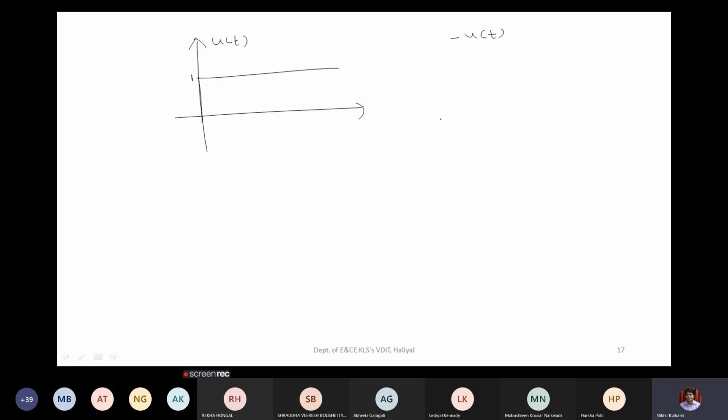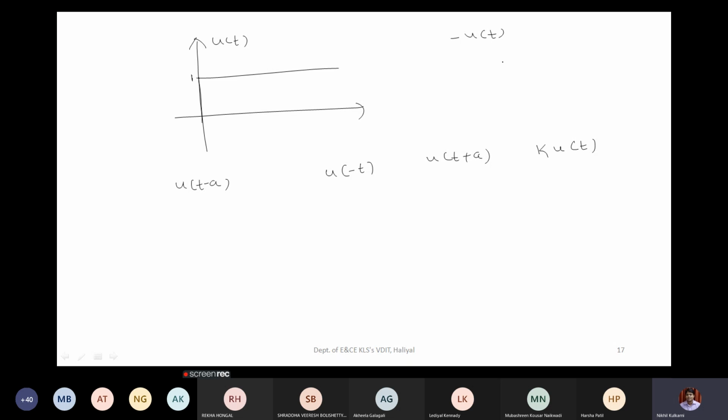And what will be u of t minus a? And what will be u of minus t? And what will be u of t plus a? And what will be k times u of t?